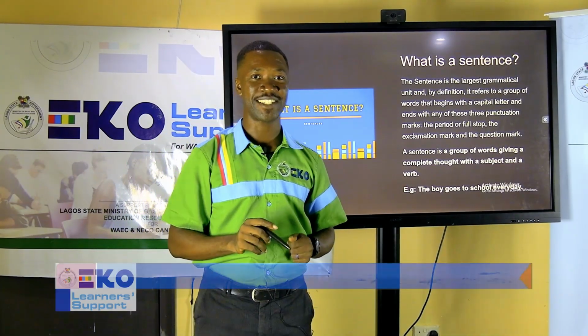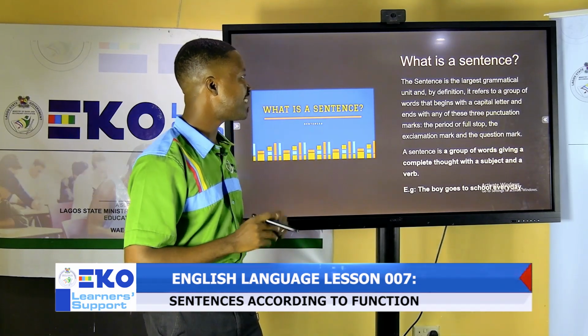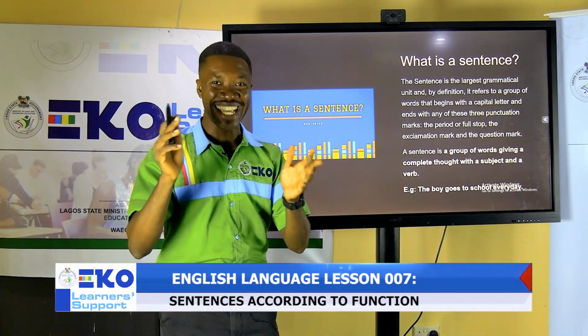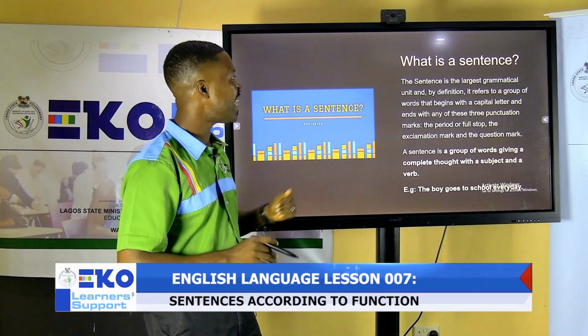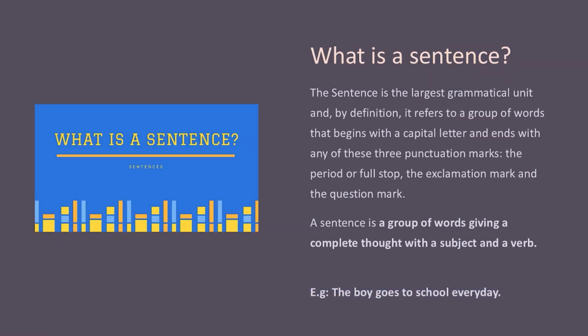The question is, what is a sentence? When we talk about a sentence, we say the sentence is the largest grammatical unit, and by definition, we are referring to a group of words that begin with a capital letter and end with any of the 3 punctuation marks, which are the period or full stop, the exclamation mark, and the question mark.